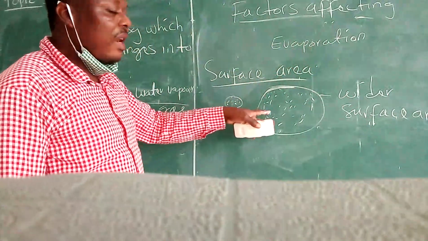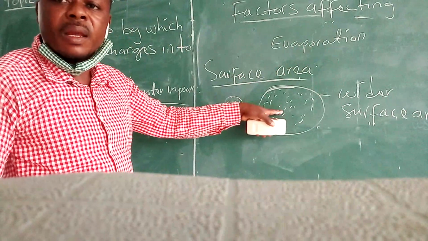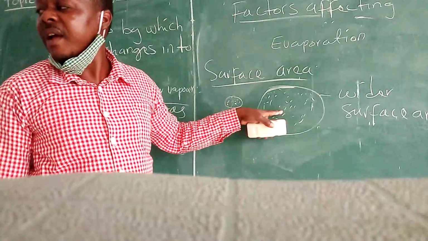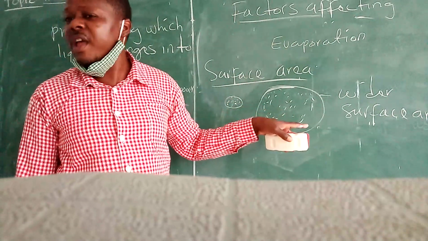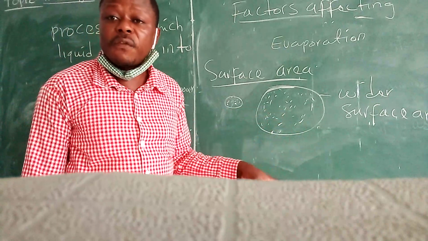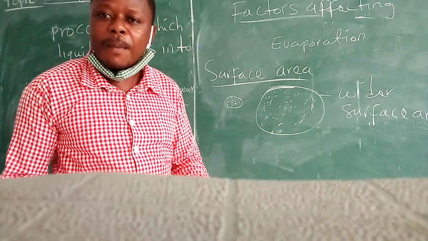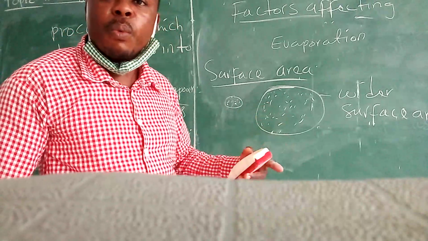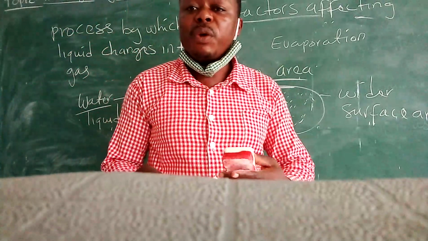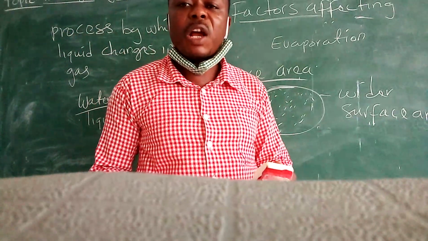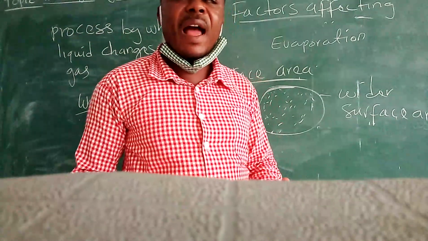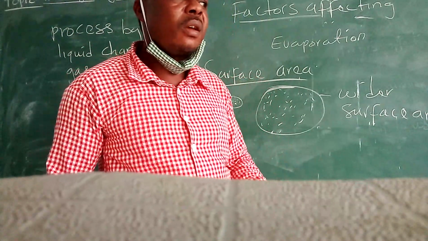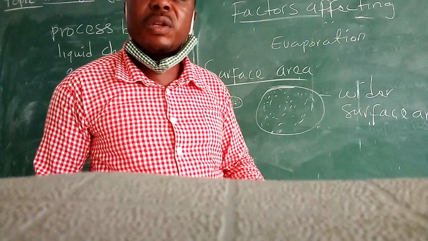So surface area: the wider the surface area, the faster the evaporation. We can take the example of when we wash our dresses and hang our wet dresses on the hanging line to get dry.